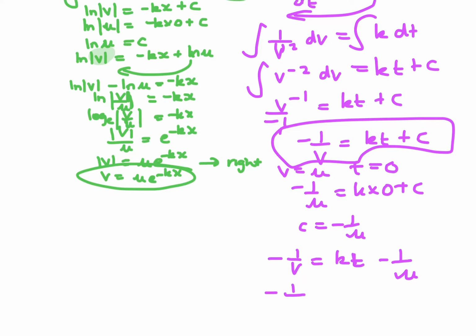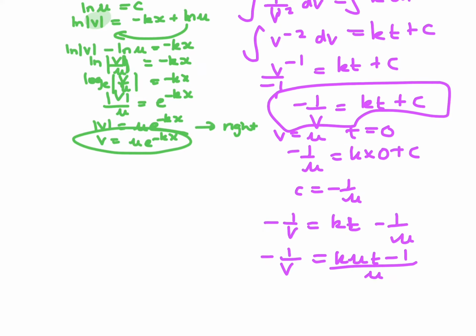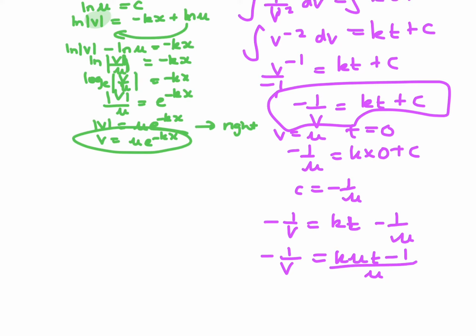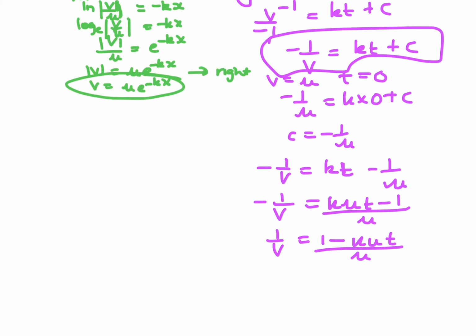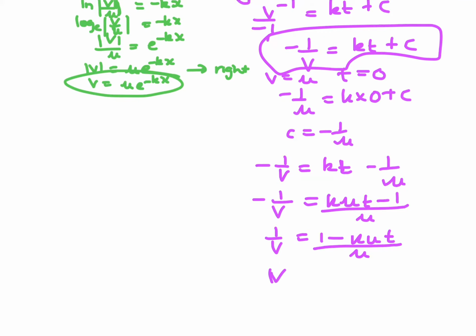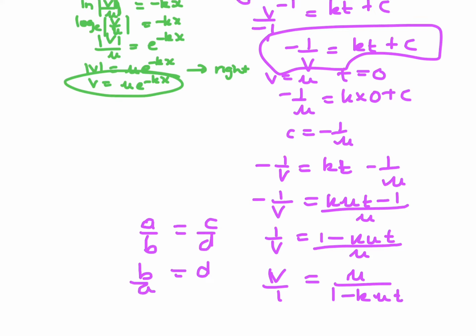Get a common denominator. Minus 1 on v equals k mu t minus 1 on mu. Let's change the sign. 1 on v equals 1 minus k mu t on mu. And we want to get v, so flip both sides, because if a on b equals c on d, then b on a equals d on c.